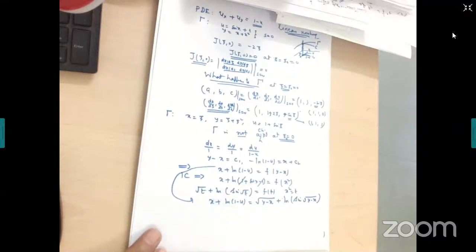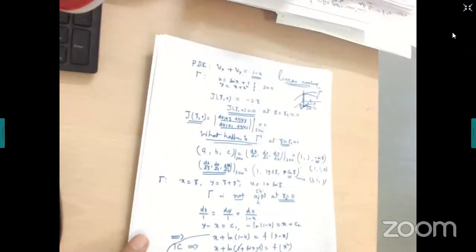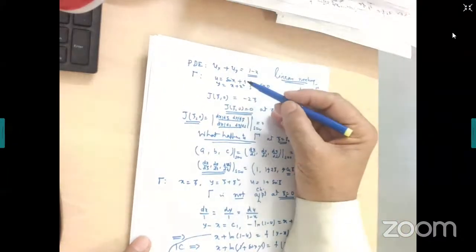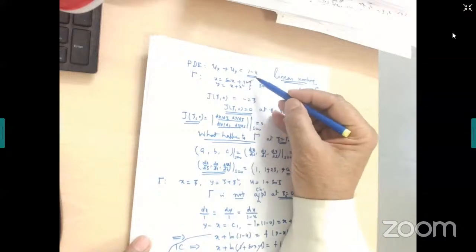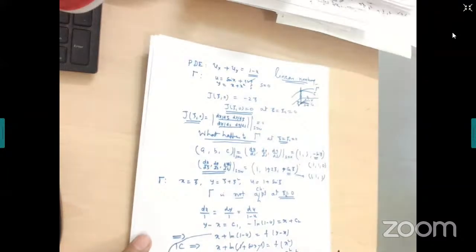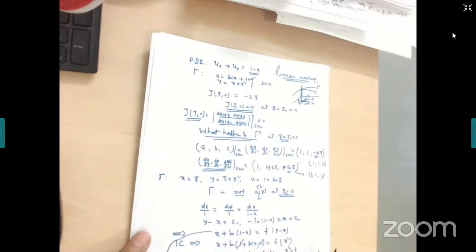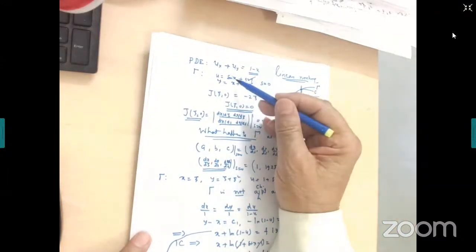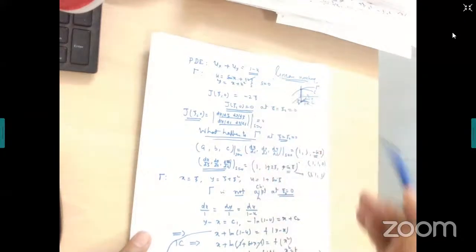Sir, you have taken u is equal to sin x plus 1, so minus sin x. It should be ln of minus sin x. Log of a negative point is not defined. After applying the initial condition, you have taken sin x plus 1. Is it all right? U is equal to 1 plus sin x.